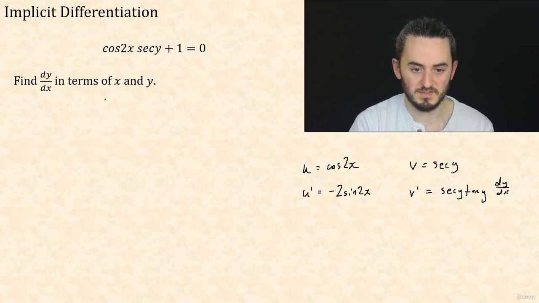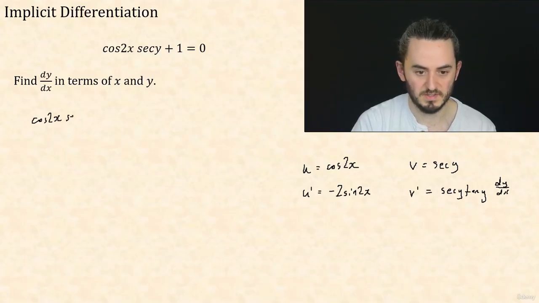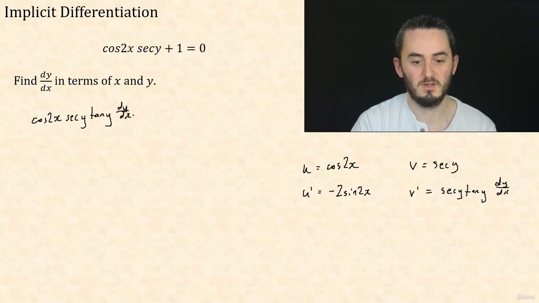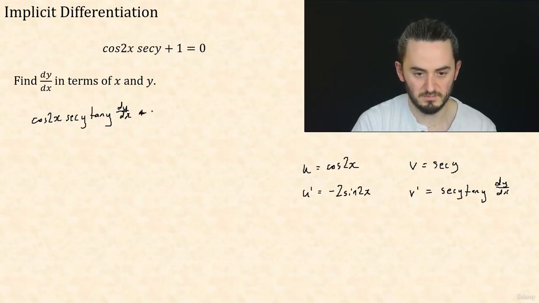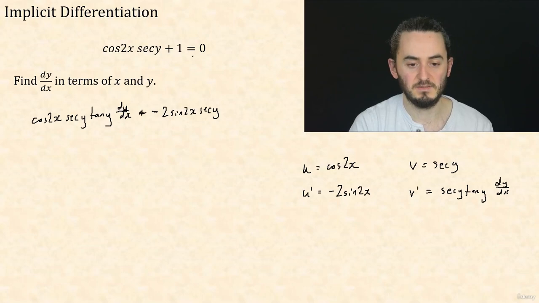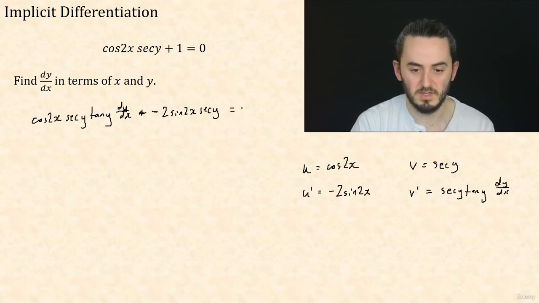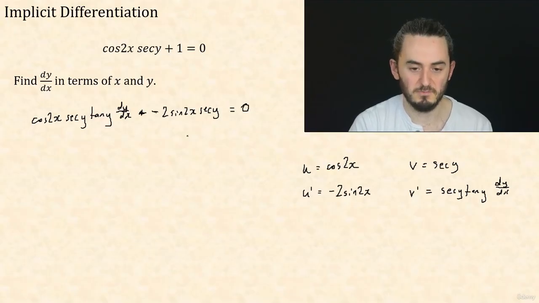So when I differentiate this, I get u v dash, which is cos 2x sec y tan y dy by dx, plus v u dash, so that's actually minus 2 sine 2x sec y, and that equals, differentiate the rest of it, plus 1, you get 0, and differentiate 0, you get 0.